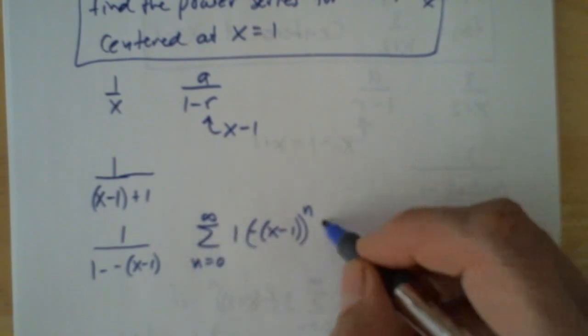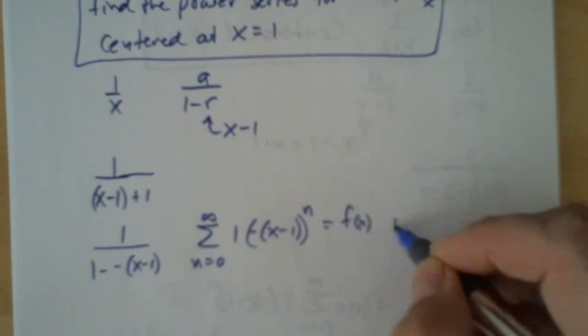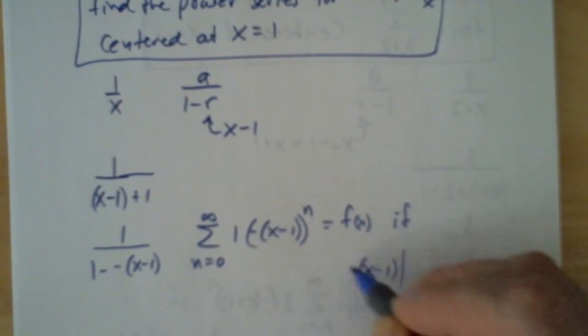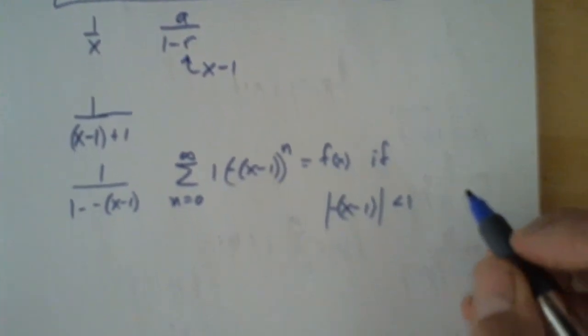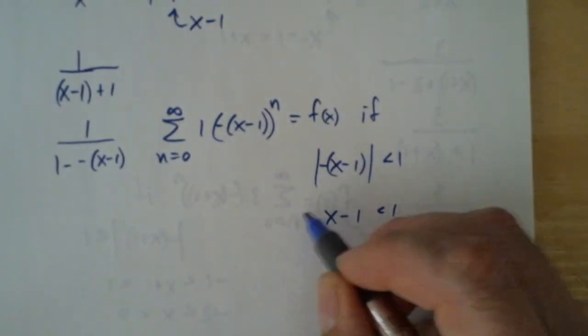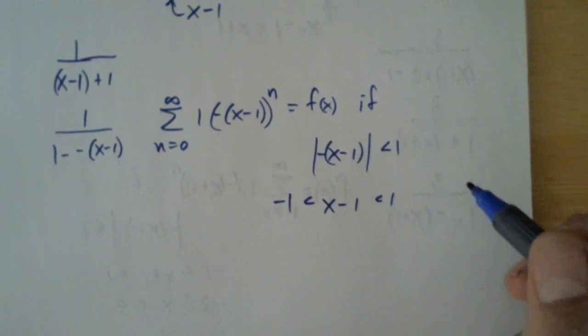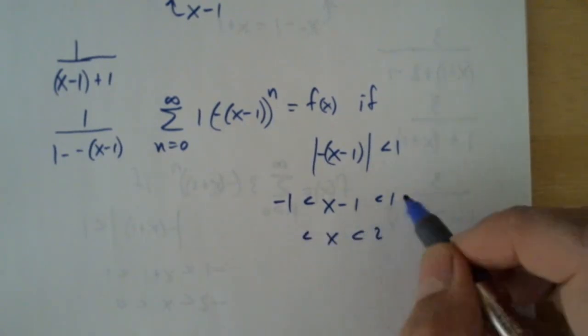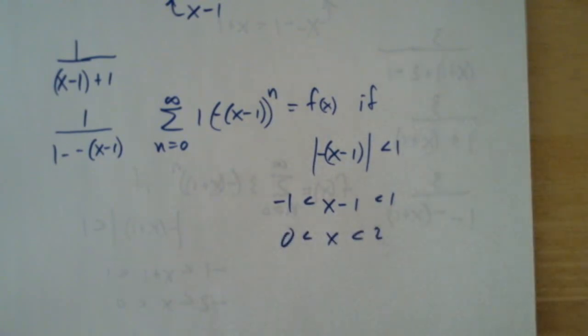So that is equal to f if x minus 1 is between negative 1 and 1, and we'll add 1 there, and it'll converge between 0 and 2, and it is centered at 1. All right, and we'll stop there.